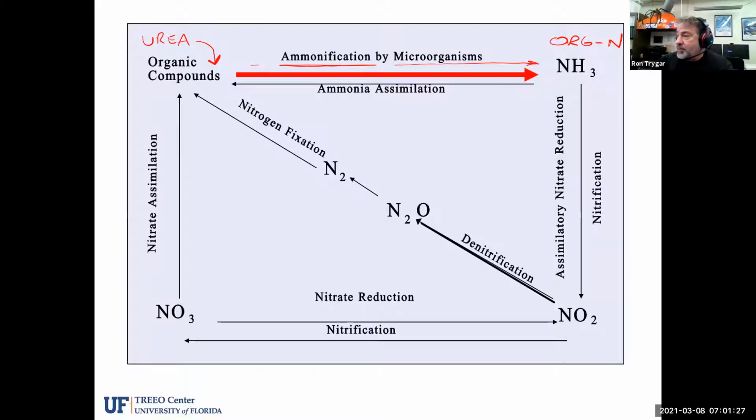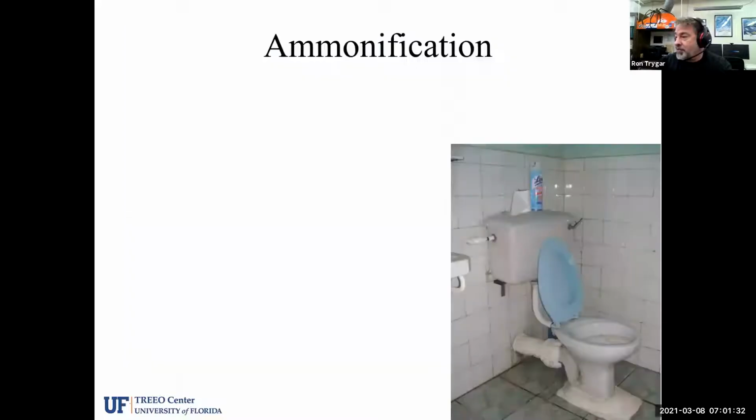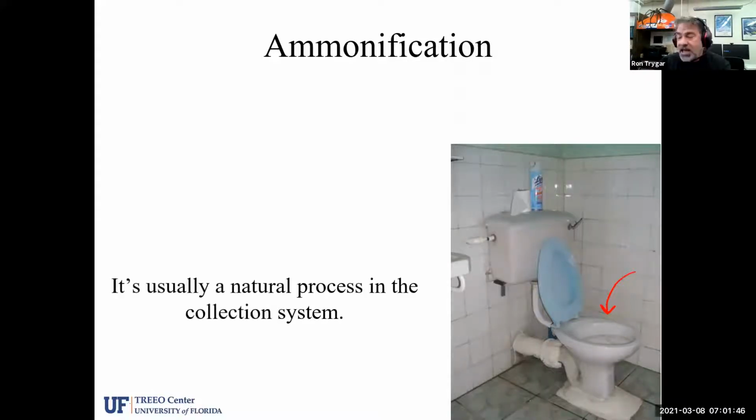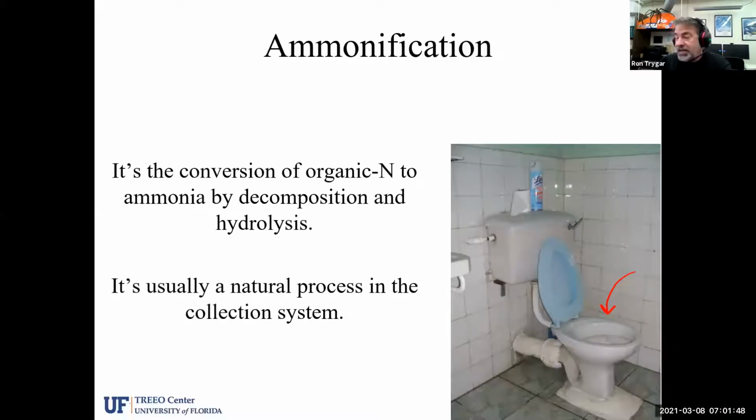All right, so we have our organic nitrogen being converted into ammonia. So ammonification happens here, as we're entering the treatment plant from the collection system. It's a process that happens usually pretty naturally in the collection system, as long as the wastewater is flowing through the pump stations and the lift stations and into the headworks of the plant.